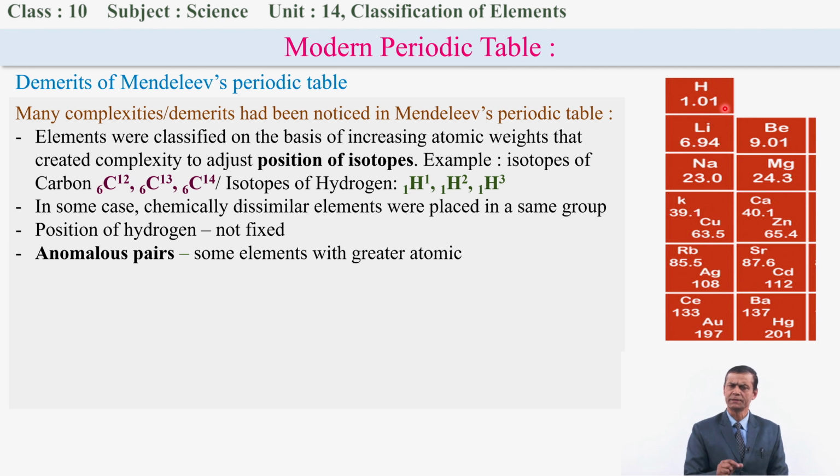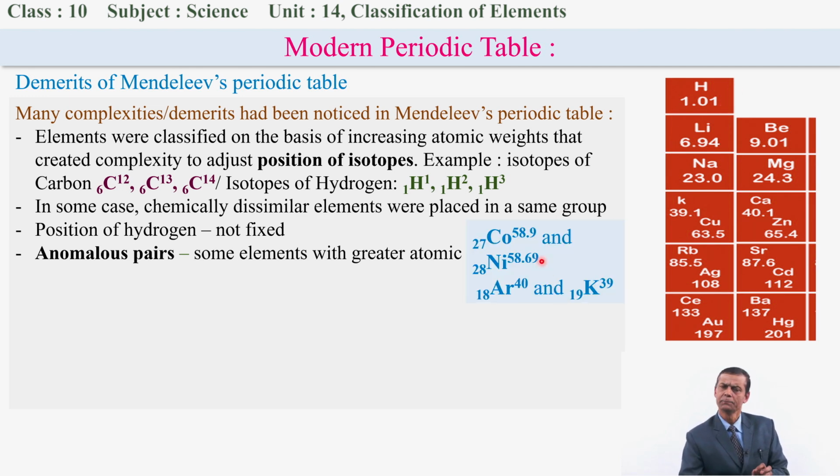Some elements with the greater atomic number are placed earlier than the element with a lesser atomic number, which fails Mendeleev's periodic law. Look at here, cobalt and nickel. Cobalt atomic weight and nickel atomic weight, look at here, here is the difference.